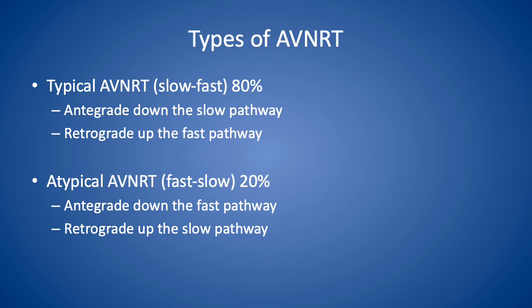Typical, which is going down the slow pathway and then up the fast pathway, is about 80%. Atypical is antegrade going down the fast pathway, and retrograde would be up the slow pathway, and that's usually about 20% of them. We won't go into more detail about this because generally we don't really see it in the neonatal population, but just know that it is a reentrant tachycardia that's located inside the AV node.